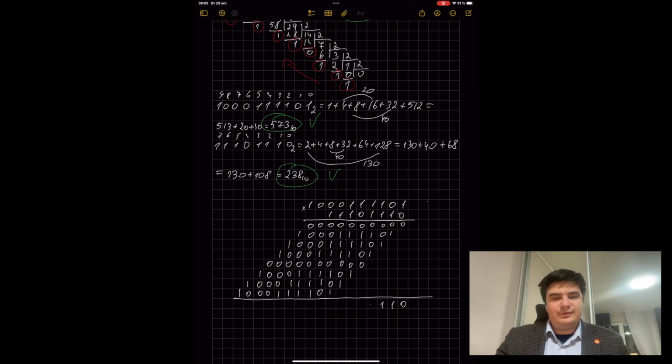In the fourth column, we calculate 0 plus 1 plus 0 plus 1, which equals 2, or 10 in binary. So we write 0 here and carry over 1 to the next column. In the fifth column, we calculate 0 plus 1 plus 1 plus 0 plus 0 and add the 1 carried over, resulting in 3, or 11 in binary.